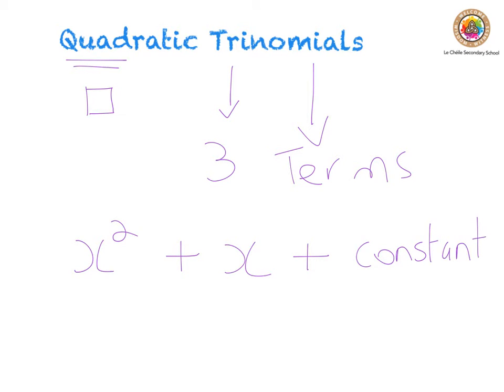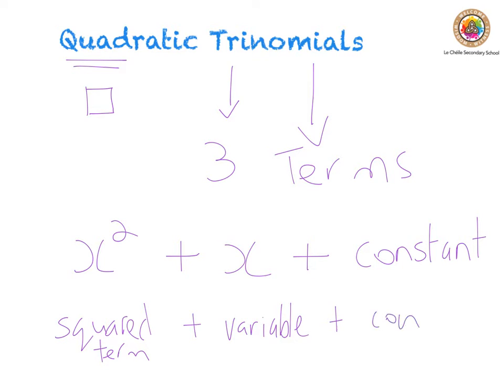Okay? So basically it's a squared term, any kind of variable, and then any constant, any number on its own. So it could be, for example, plus 3, or it could be minus 2, any constant.